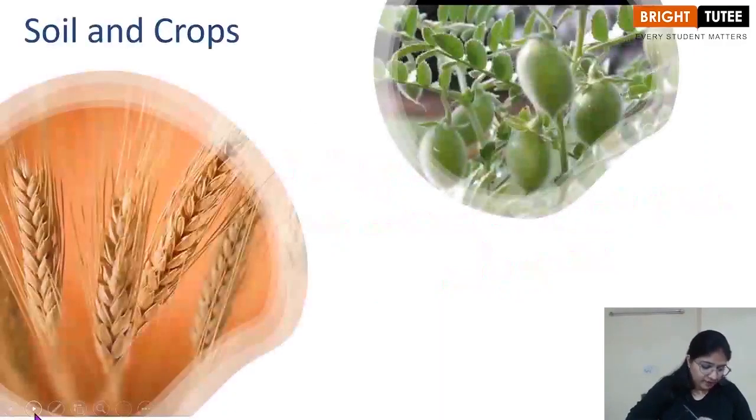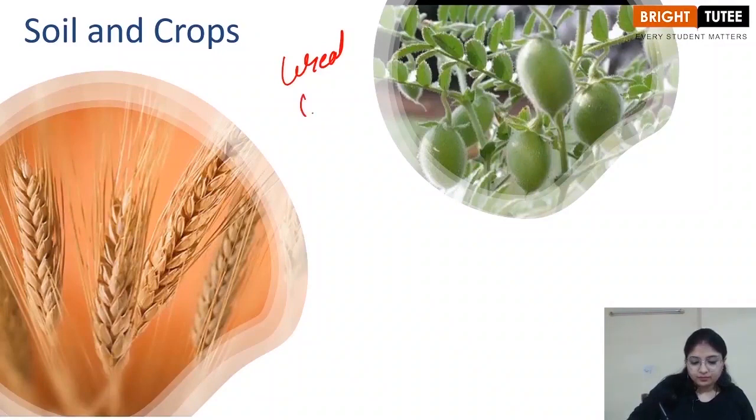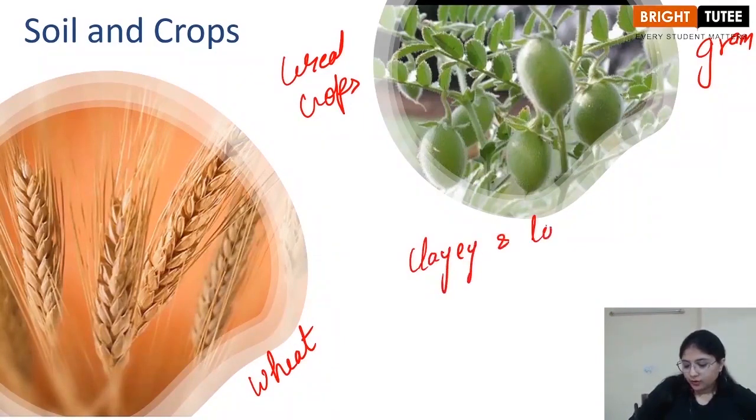First of all, when we see the soil, the cereal crops like your wheat and gram, these crops grow in the clay and loamy soil, right? Clay and loamy soil.